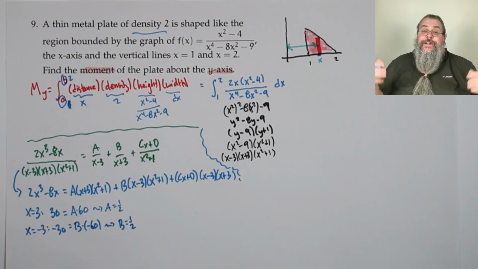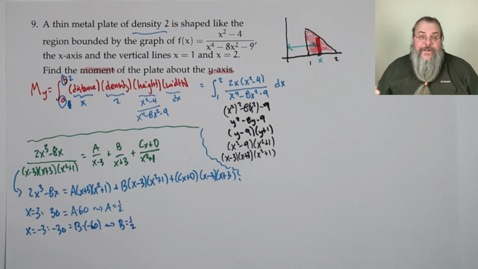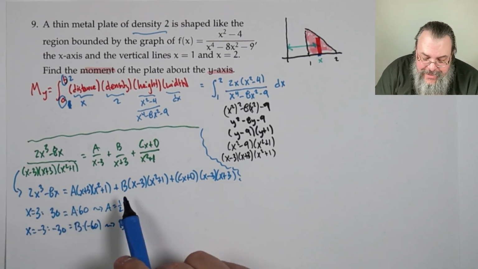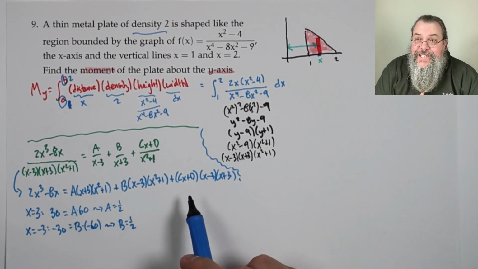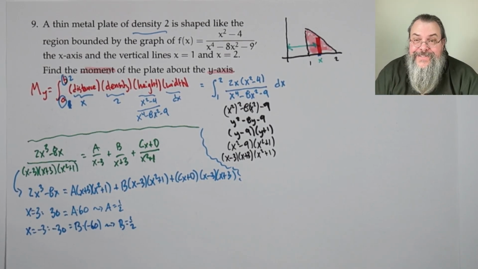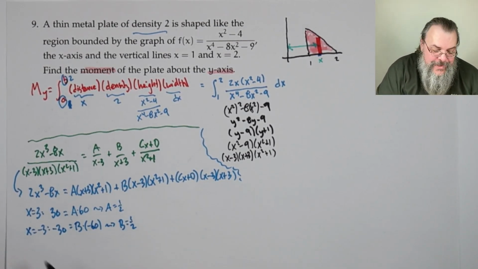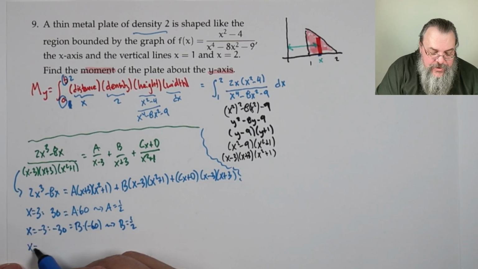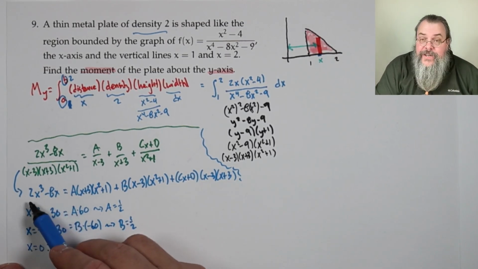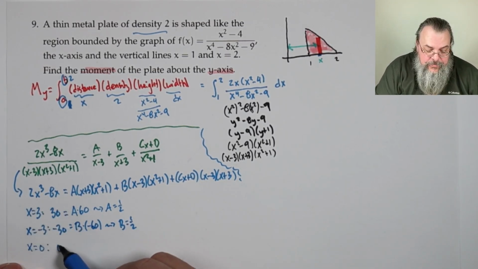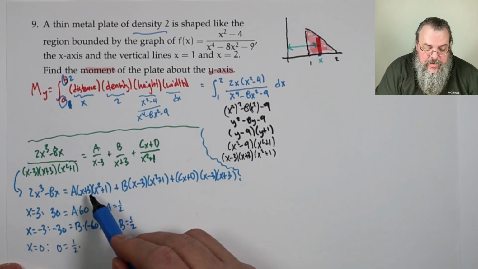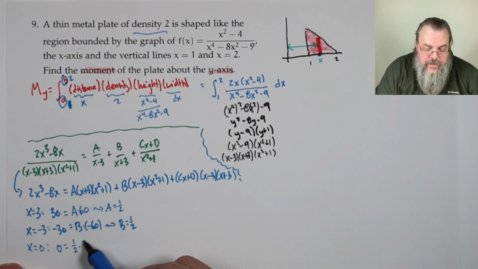Now, are there any other good choices? Well, actually, we know what a and b are. We're just down to c and d. So there's at least one more good choice. 0. 0 is a very popular choice. So plug in 0, you get 0 equals a, which is 1/2, times 3 times 1, so that's 3.